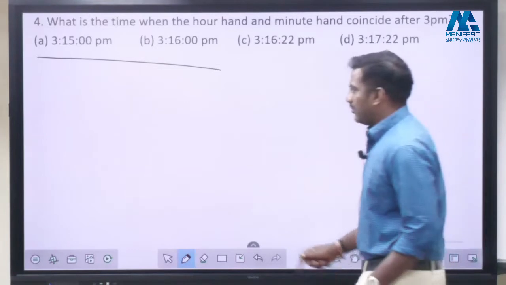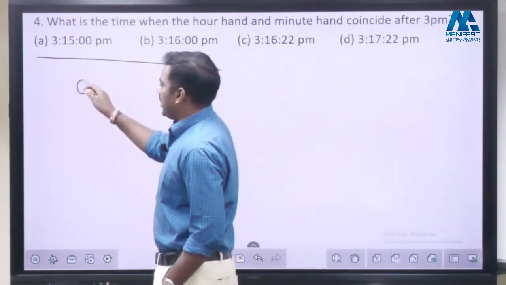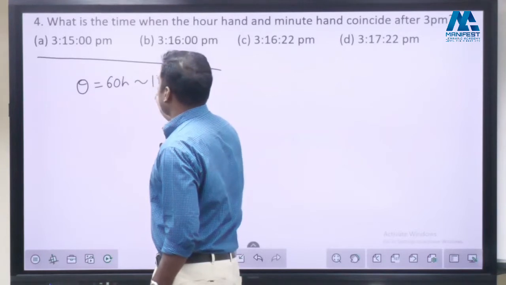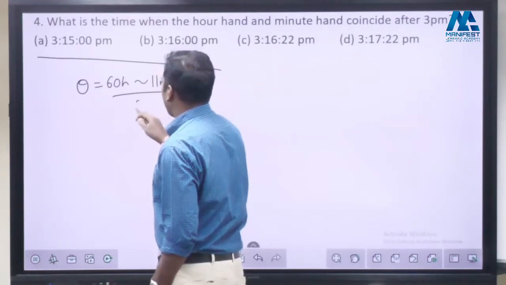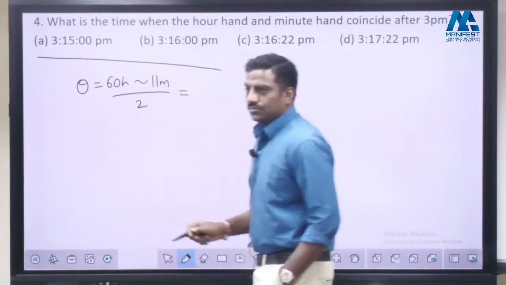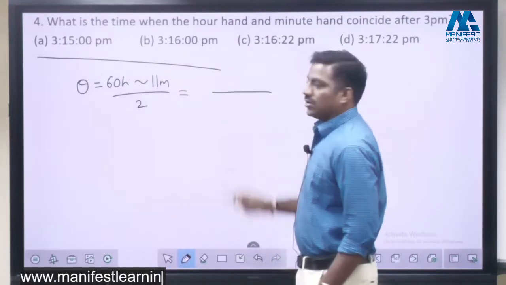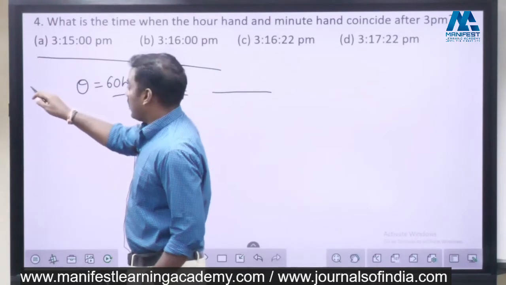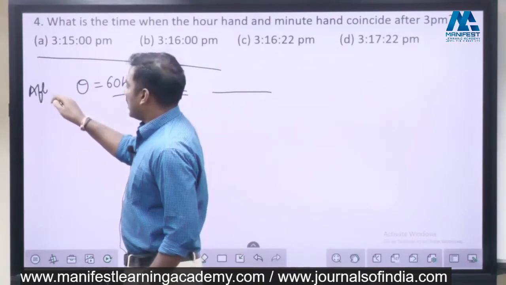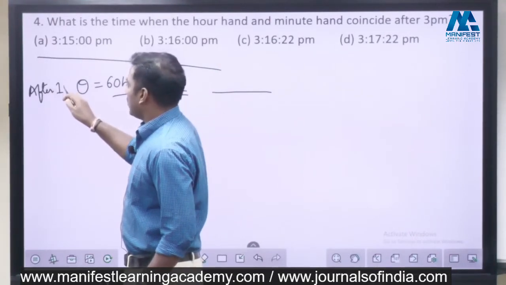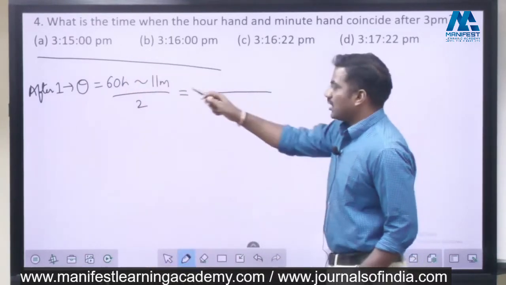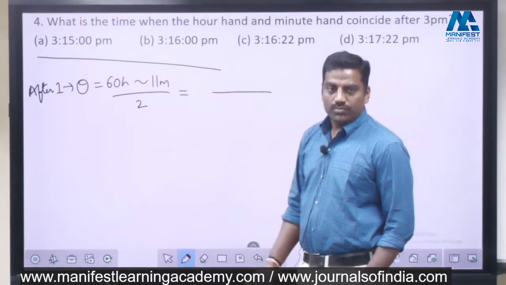Now tell me, if I use this formula, theta is equal to the difference of 60 H and 11 M by 2, how do I write it? After 1, where will they coincide?